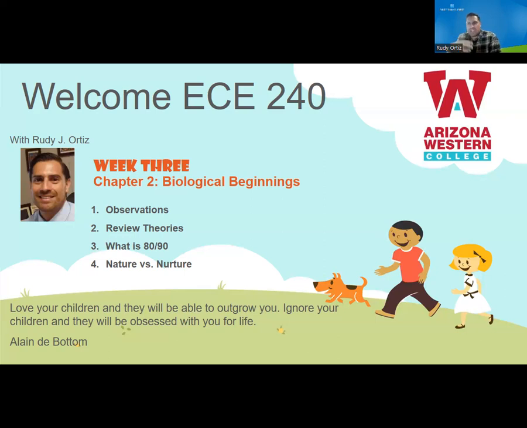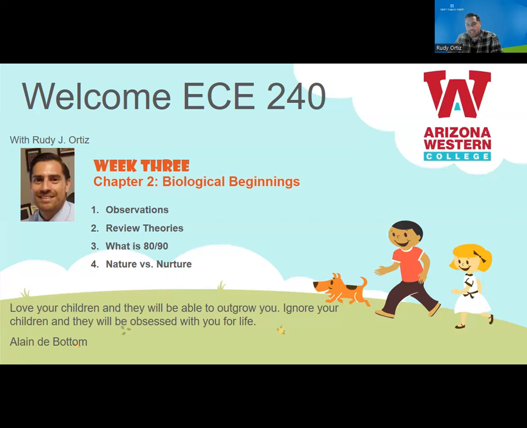So this information, this class, we're going to learn about the nature, but what's in our control, what's in our power to maximize that window of 80-90 is within our nurture. Many people can call this love, but you know what it means as well?